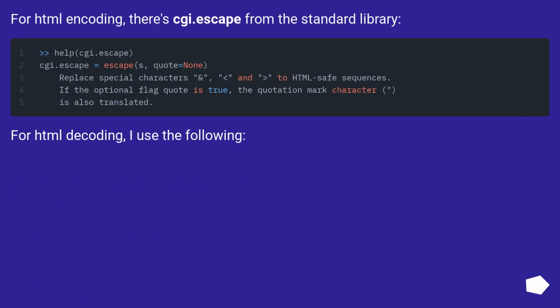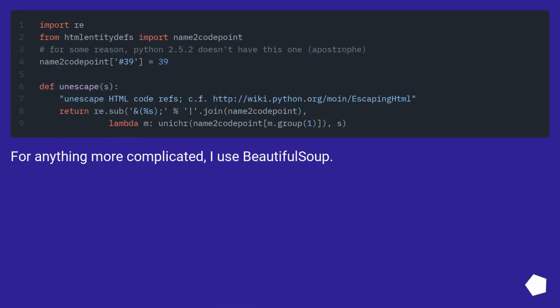For HTML encoding, there's CGI.escape from the standard library. For HTML decoding, I use the following. For anything more complicated, I use Beautiful Soup.